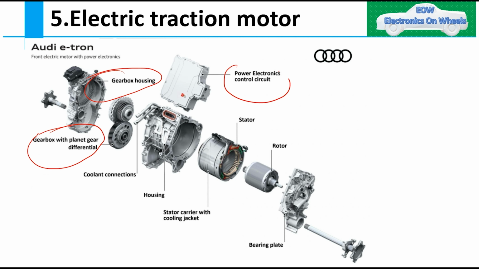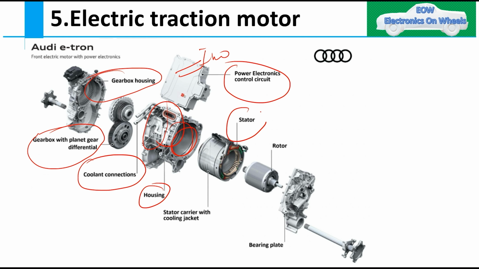Then this is your power control unit, nothing but the inverter, as I told you. Then you have the coolant connection, so the coolant will flow in the motor so that thermal cooling is maintained. Then this is the housing, this is the stator, this is the rotor, and then the bearing plate. So this is the structure of the e-tron.